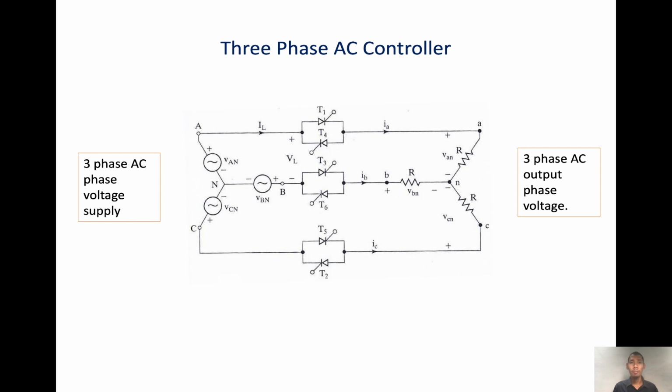The three-phase is like a combination of 3 single-phase full-wave AC controllers, but the difference is that the supply phases are 120 degrees apart, like between VBN, VAN and VCN. They are 120 degrees apart. So it's like a combination of 3 single phase AC controllers.